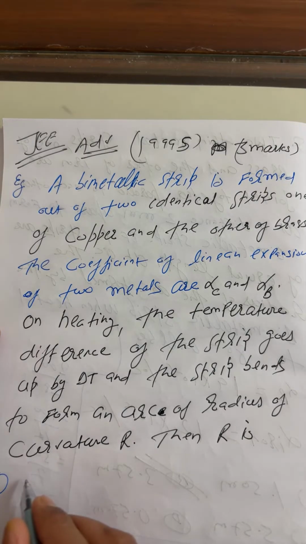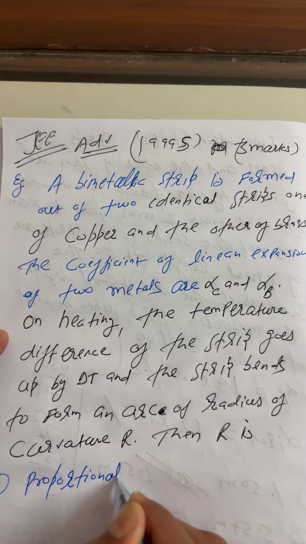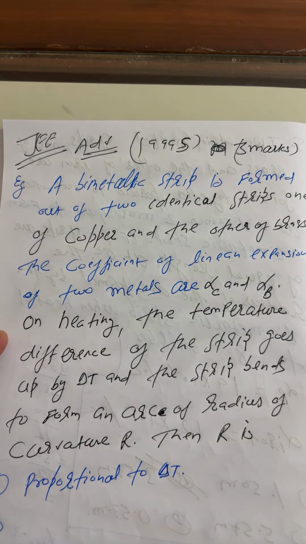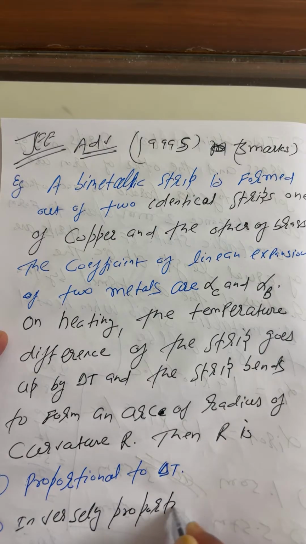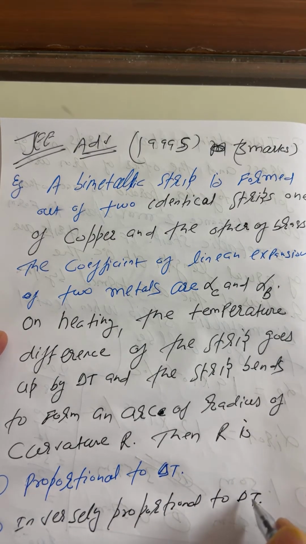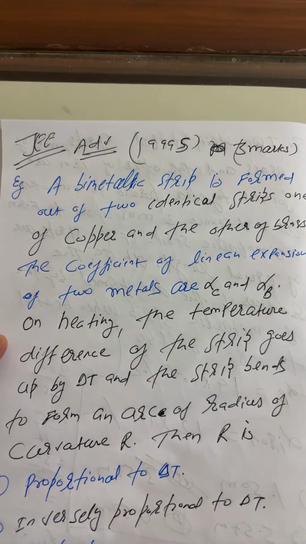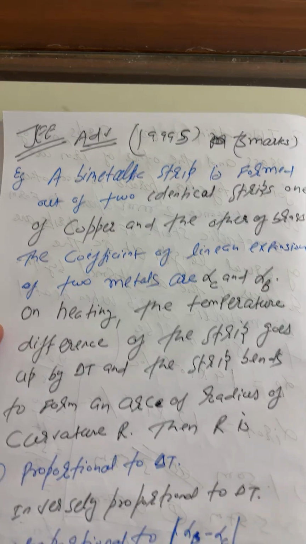Option A: proportional to delta T. Option B: inversely proportional to delta T. Option C: proportional to the mod of alpha of brass minus alpha of copper.